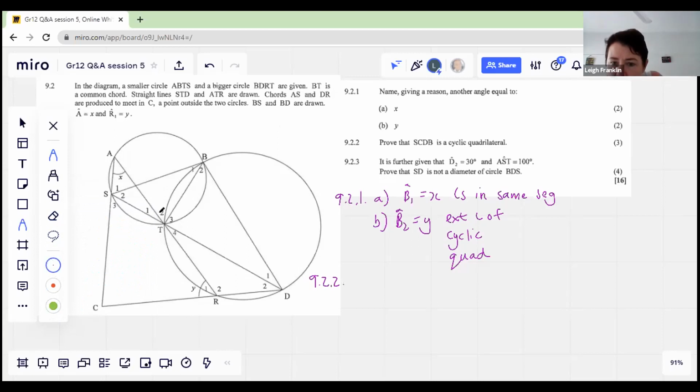Let's use yellow. Okay, so quad SCDB. So it's that over there. SCDB. So that's the quad that they want us to prove is cyclic.